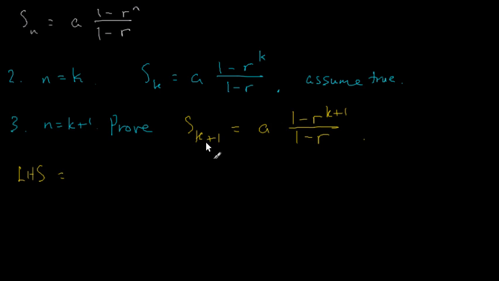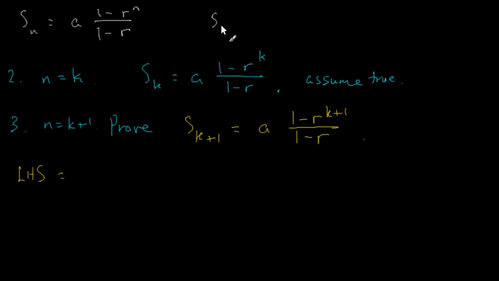In order to prove it, it helps to remember that we are supposed to make use of what we already know. In this case, this. But this is not the only thing that we know. There are other things like the basic meaning of the sequence.